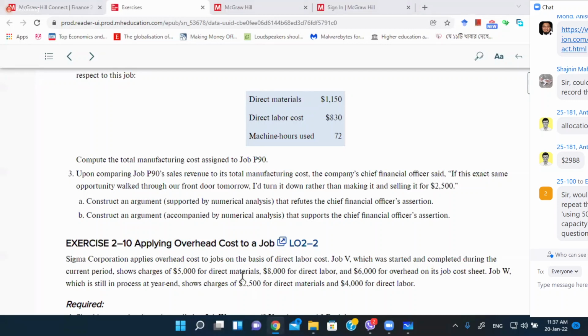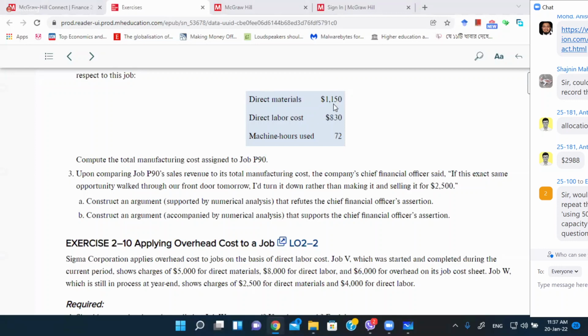Okay. Someone has raised a question here. Would you please repeat the meaning of using 50% of the capacity in the question? Okay, the thing is like that.